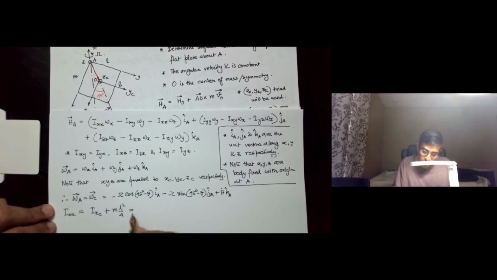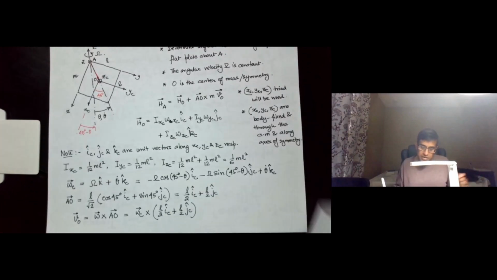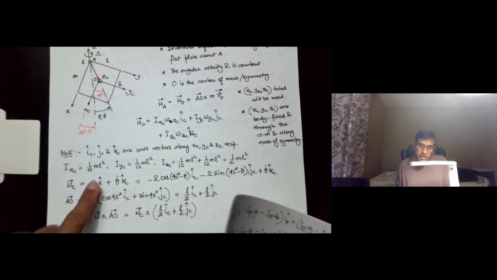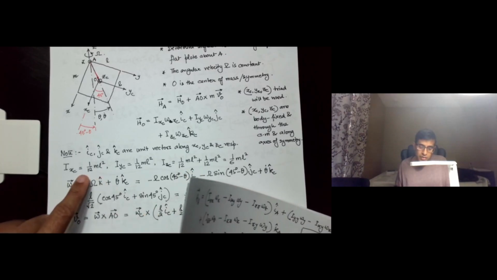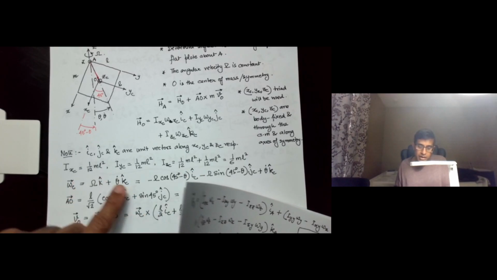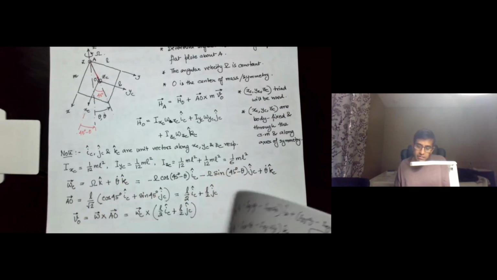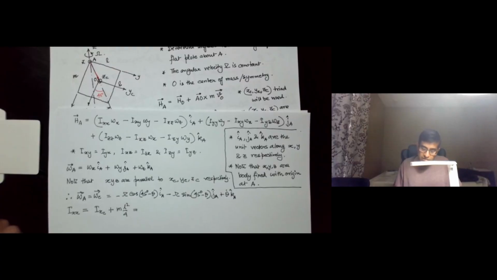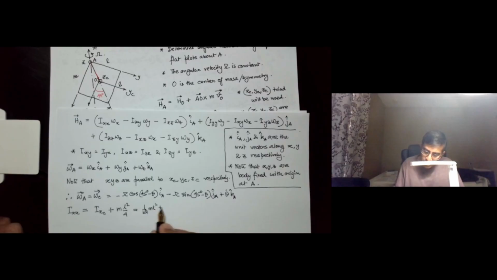We had the moments of inertia identified in the previous part of this problem. We had 1/12 m l squared in y and x and 1/6 m l squared in z. So we are going to do a parallel axis transformation. You'll have 1/12 m l squared plus 1/4 m l squared, so that's going to give us 1/3 m l squared.